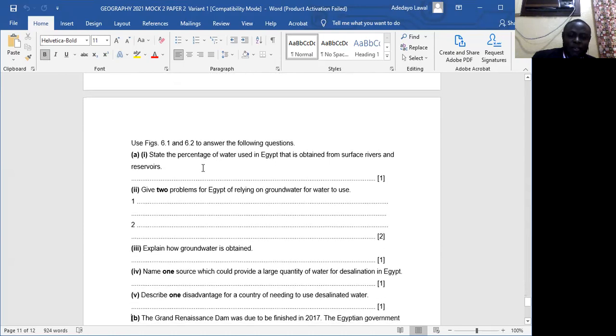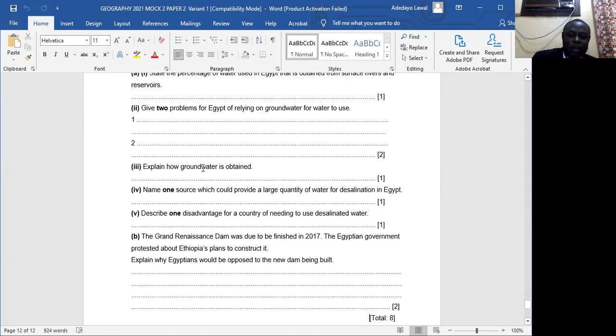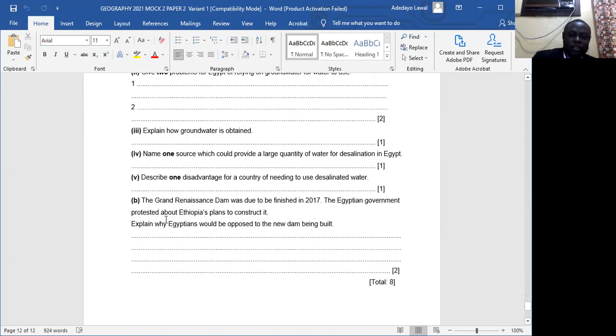And that will affect their farming activities and their domestic use of water. So just explain that it will affect the flow of water from River Nile into the areas in Egypt, and that will affect their farming and their domestic use of water. That will give you the full 2 marks here.